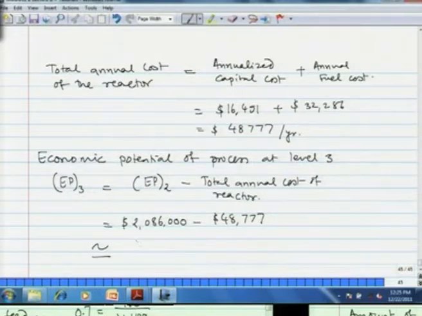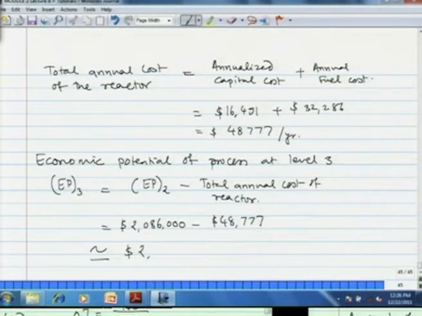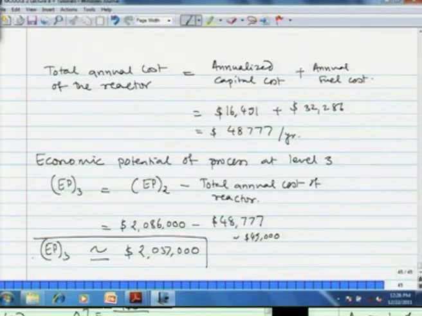By doing all these things, we can get the annual economic potential at level 3. So, 286 minus 49, that is 237,000. EP3.